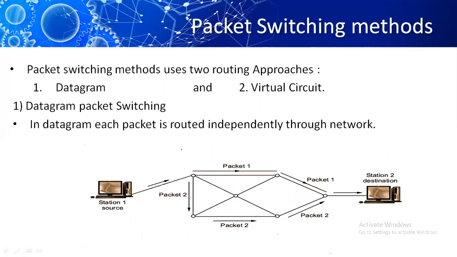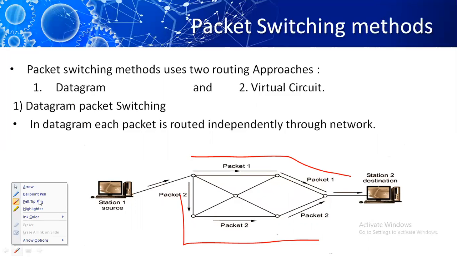That is, each packet takes a different path to reach the destination. Just look at this diagram. Packet 1 takes this direction, packet 2 takes this direction. So the datagram approach is similar to the technique used in packet switching.